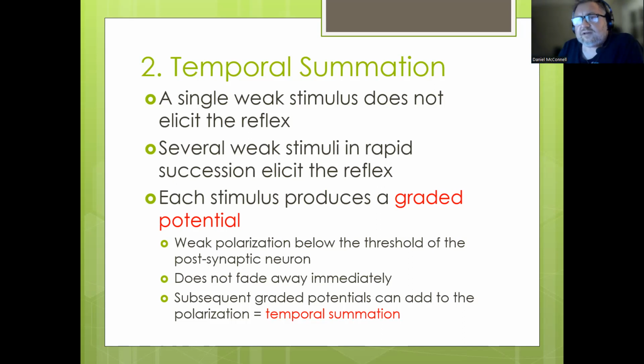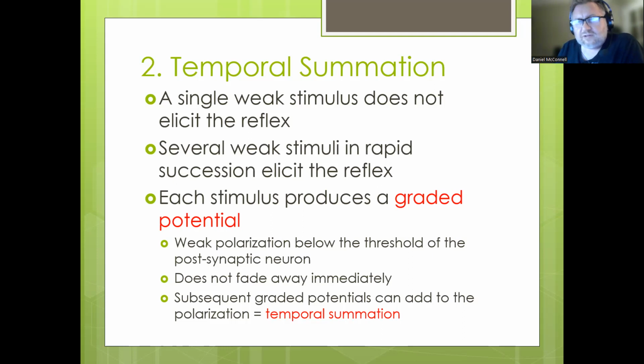But what Sherrington found is that if I apply a soft tap that individually is not strong enough to activate the reflex, but I very quickly apply a second soft tap, those two soft taps together can combine their influence on the sensory receptor so that now we actually get a reaction here, right?